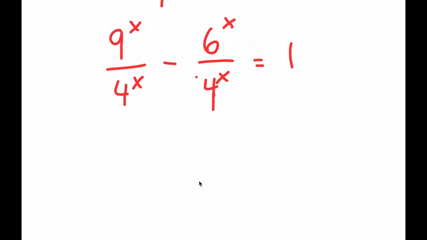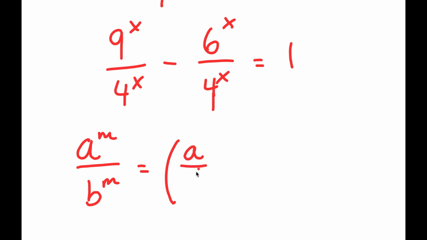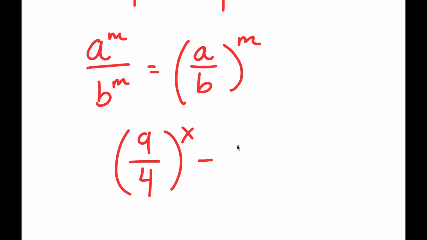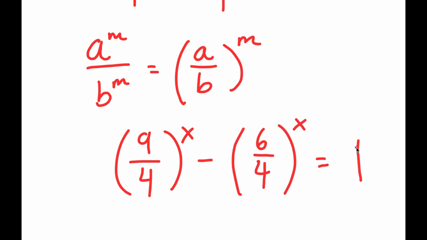Now from here, if I have something in the form a to the power of m over b to the power of m, this is equal to a over b to the power of m. So 9 to the power of x over 4 to the power of x is the same thing as 9 over 4 to the power of x. Now I have this minus 6 over 4 to the power of x, which is equal to 1.